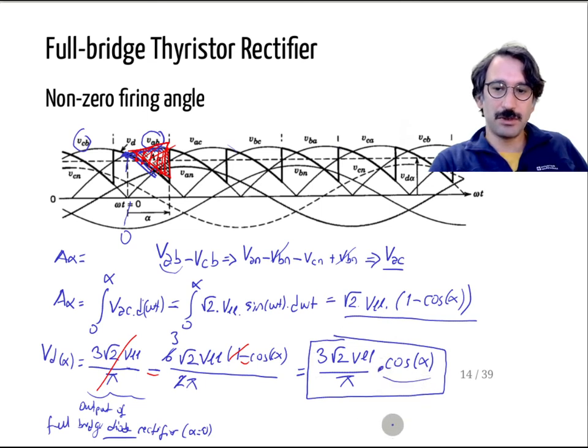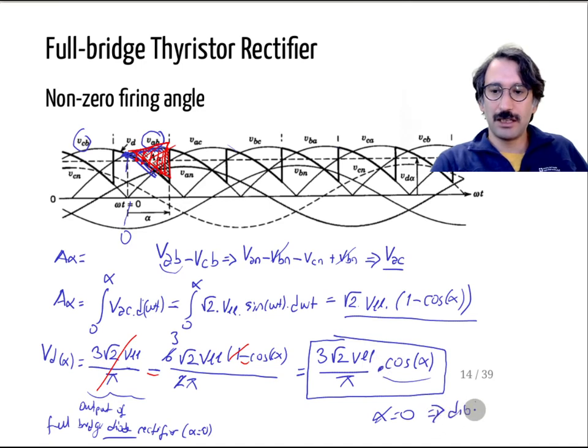If you remember the equation for single phase thyristor rectifiers, we still have the same equation. If alpha is equal to 0, that becomes 1, so it is the same equation as a diode rectifier. When alpha is 90 degrees, that becomes 0. If alpha is larger than 90 degrees, then it becomes negative.